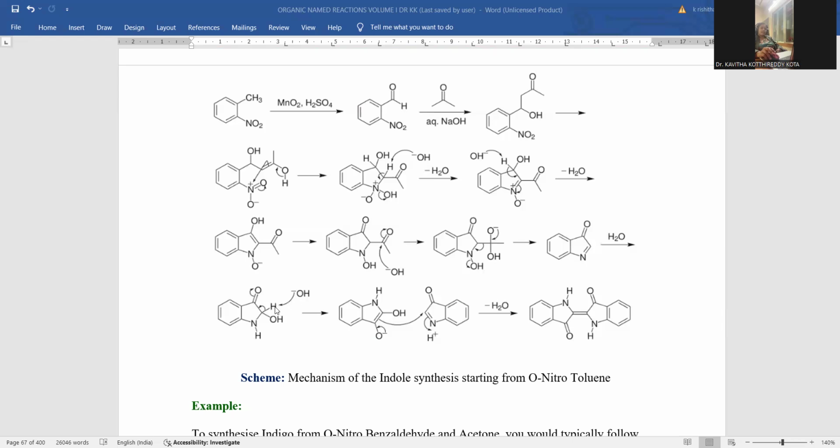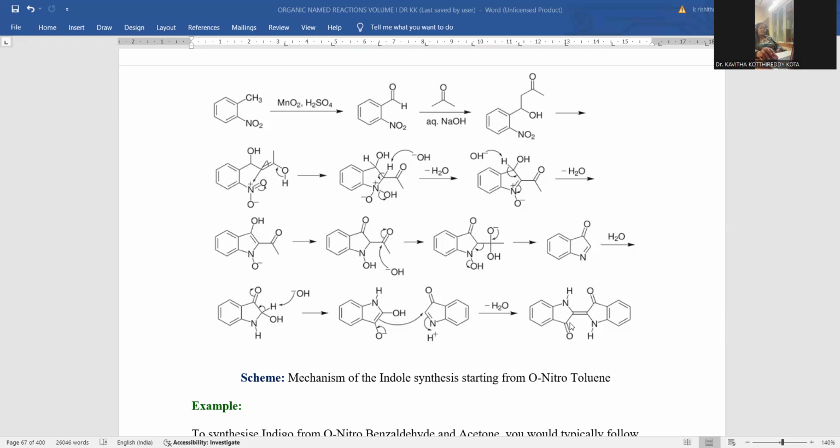When hydroxide takes the alpha hydrogen, the sigma bond moves so that a pi bond is formed, and the ketonic bond moves backside so that negative charge formation is possible. Whenever this is the case, another molecule of the same intermediate, which you already know, will react with this one, so that both are able to form a bond in between by the condensation process. Both are condensed so that indigo dye formation is possible.